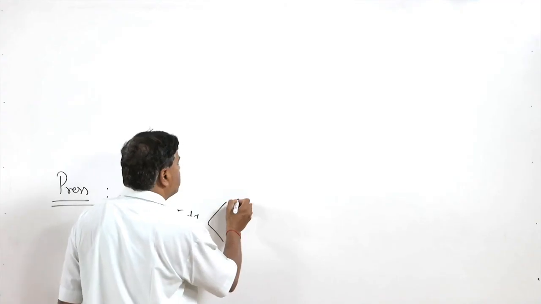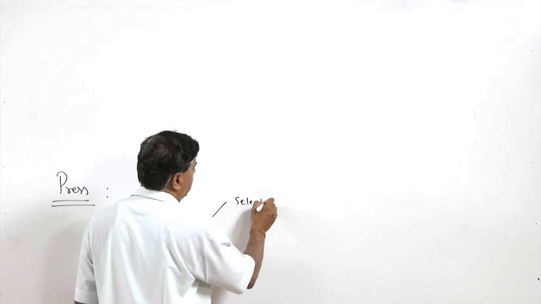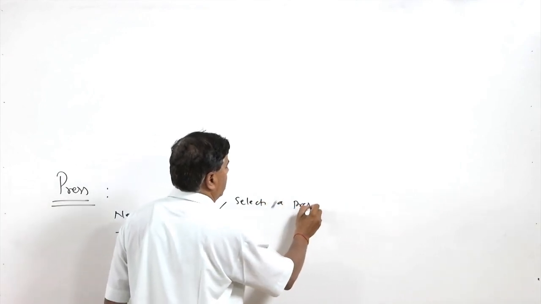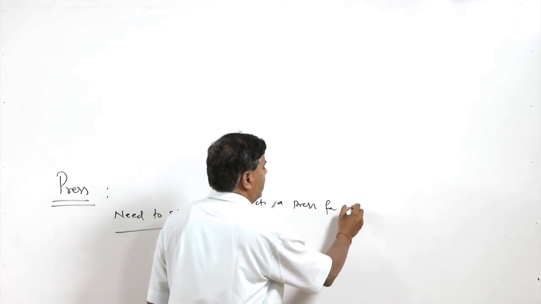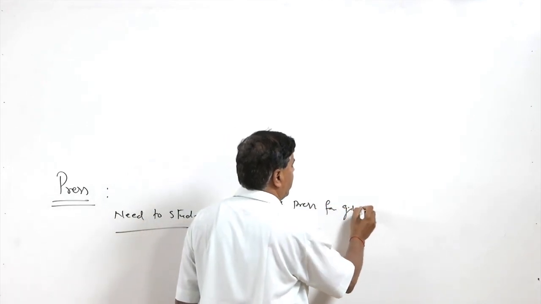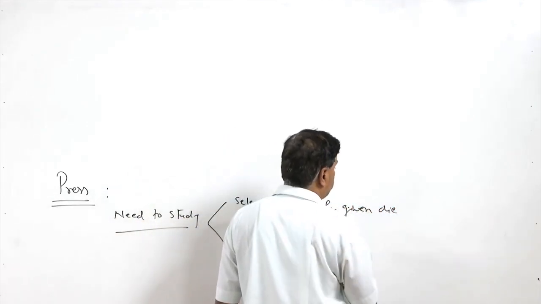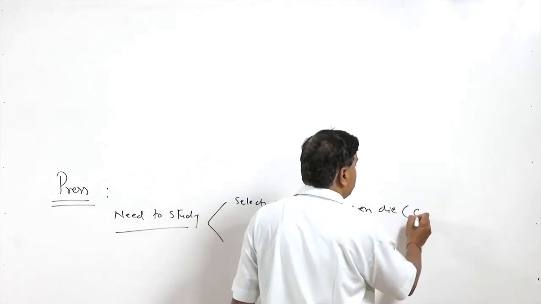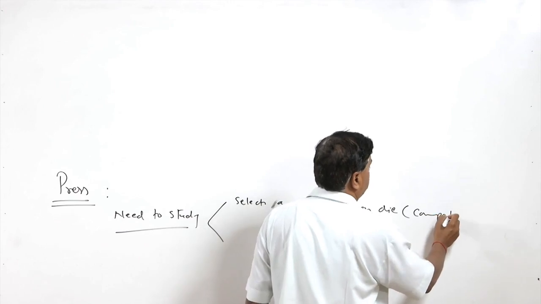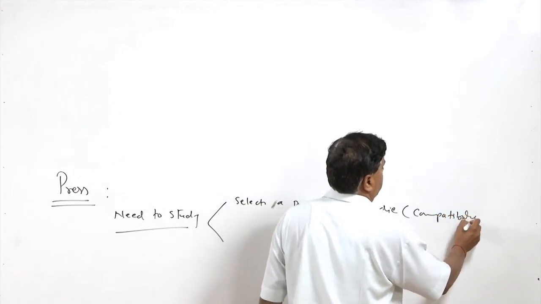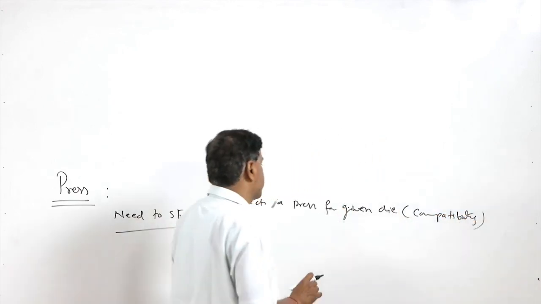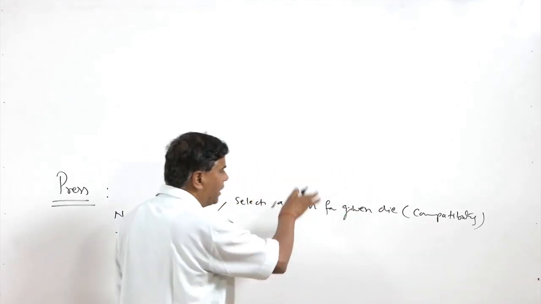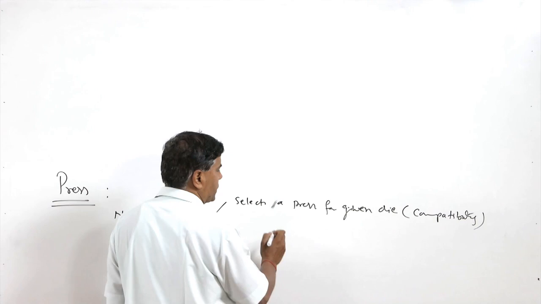One, it helps to select a press for a given die which is to be used for the sheet metal operations. Basically it looks after the compatibility aspect of the die with the press. This is the case when we have a number of presses and one is to be chosen.